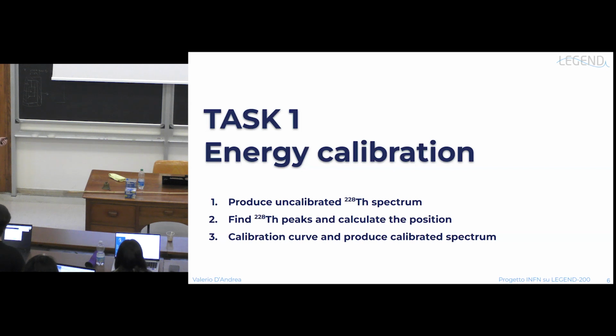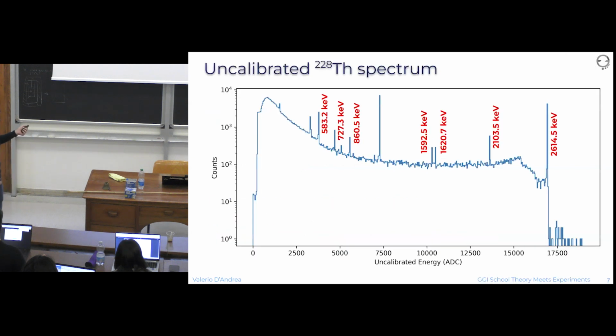You can open it with Python or otherwise. Basically, you have to produce the uncalibrated spectrum, that is this. Uncalibrated values are in units of ADC, so it's something going from 0 to 18,000.